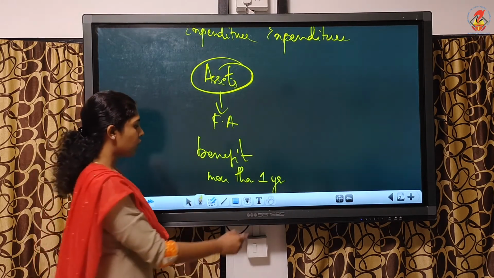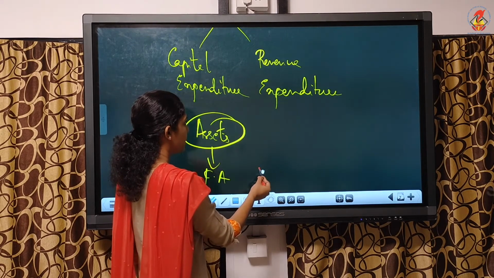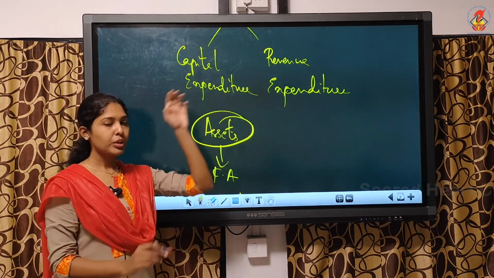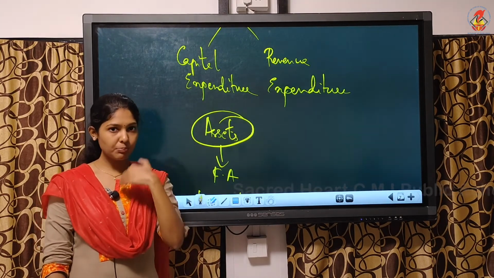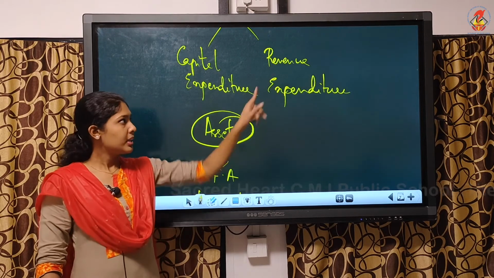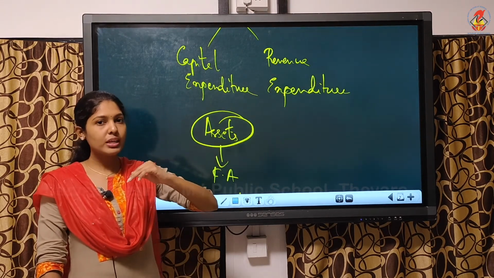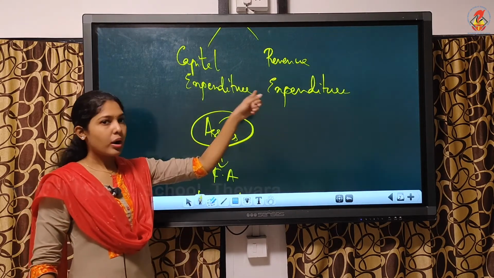Now, coming to your revenue expenditure, that is also expenditure. When you hear the term revenue, don't get confused. Revenue means something which we are getting, it's income. Here what we are discussing is revenue expenditure. So, it's the amount we are spending or the amount which we spent already. So, it's not income for you.